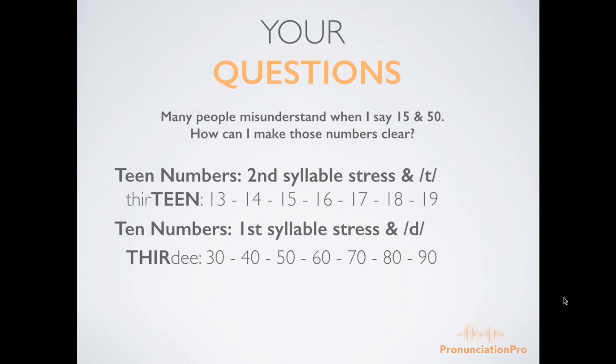But if you notice, native English speakers say a D. They say "thirdy." They change that T sound to a D. And so they say 30, 40, 50, 60, 70, 80, 90.